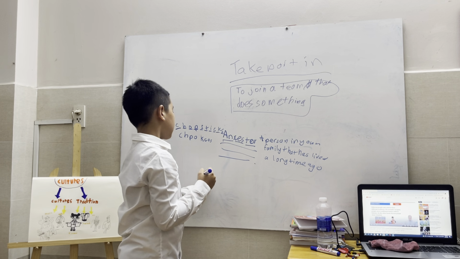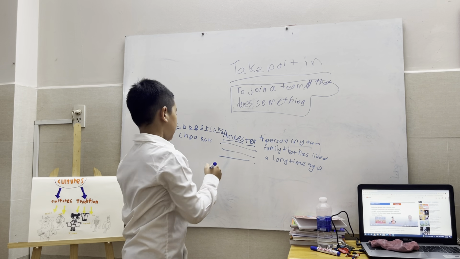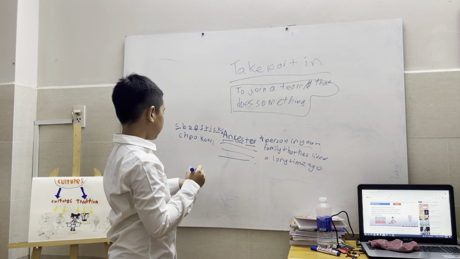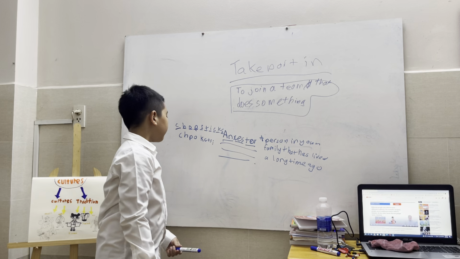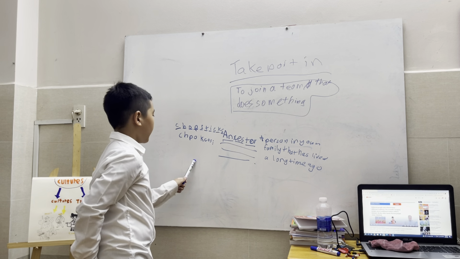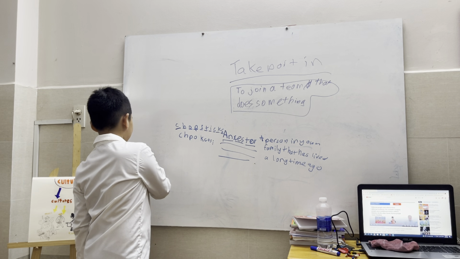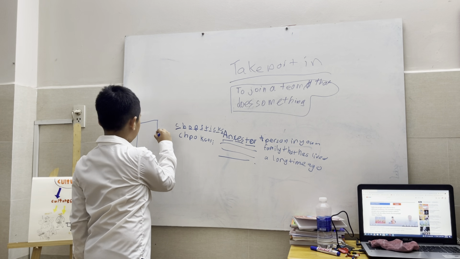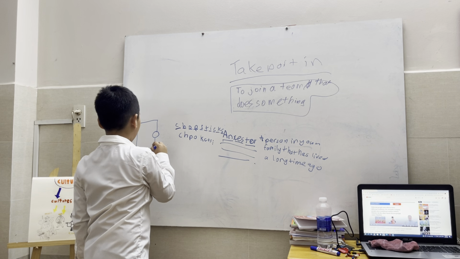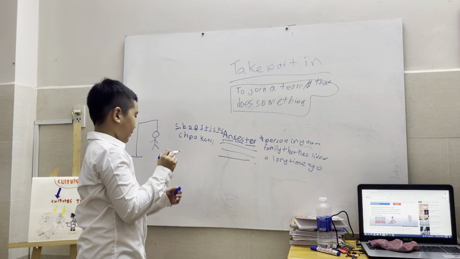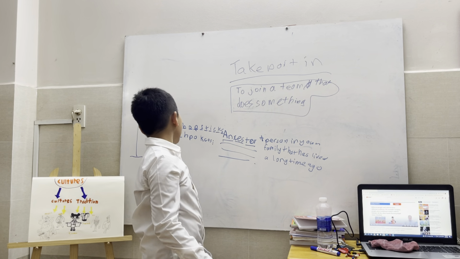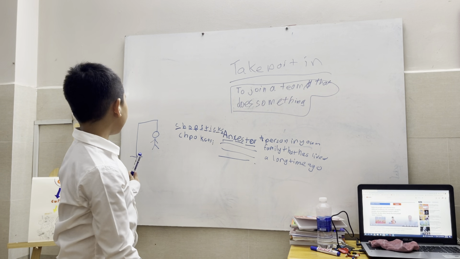Chopsticks. If you don't know it, then I'll give you a hint, but then I'll have to erase one. So now you got the hint, so you still have the hangman. Throughout this lesson, we'll have our hangman.